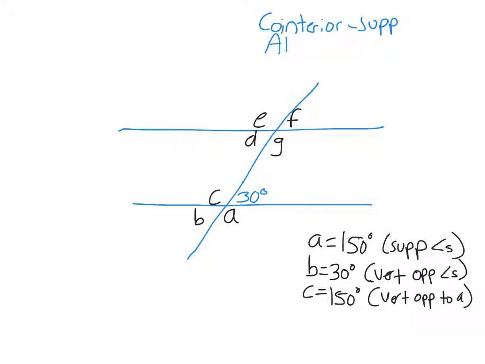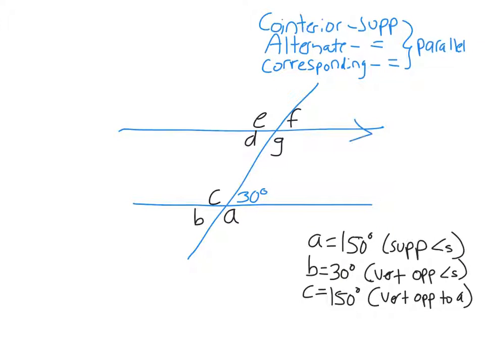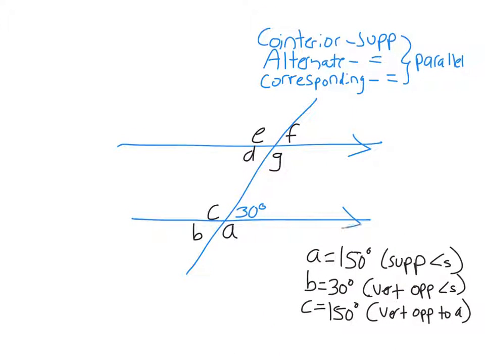I told you that alternate angles were equal, and I told you corresponding angles are equal. But that actually only works if the lines are parallel. So if this line here and this line are parallel. If they are not parallel, then I can't use those rules that co-interior angles are supplementary, alternate angles are equal, and corresponding angles are equal.